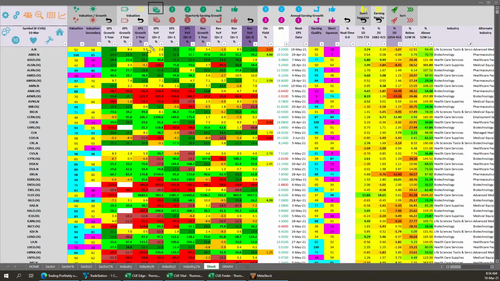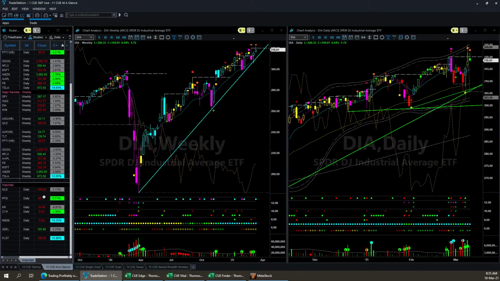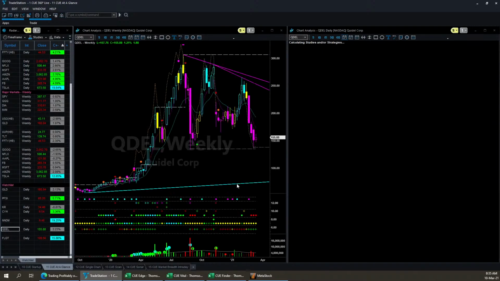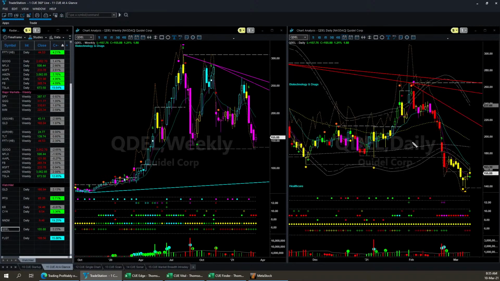One example was QDEL. Remember I discussed QDEL earlier. Let's divert a little bit, look at QDEL. This was the earnings result, and after that it had a huge gap down move. That time it might have had some trend line support, and certainly the watermark support was there.